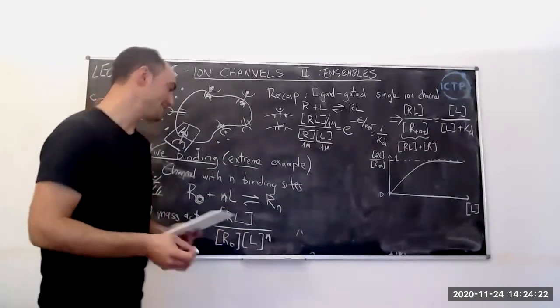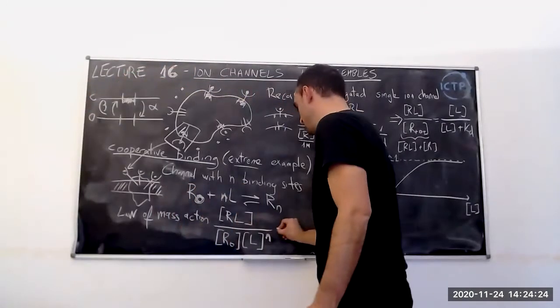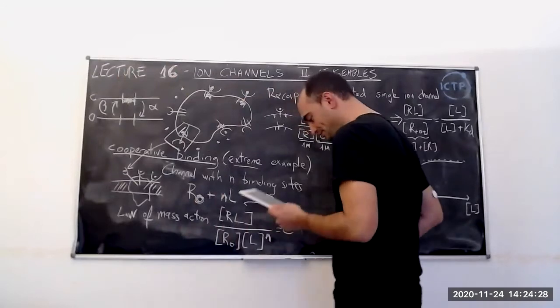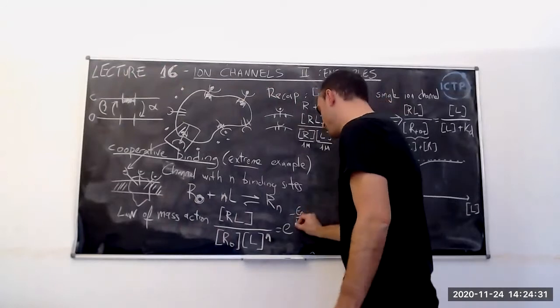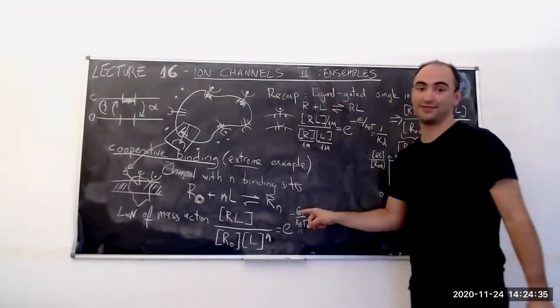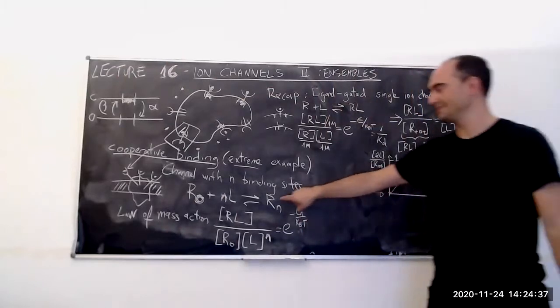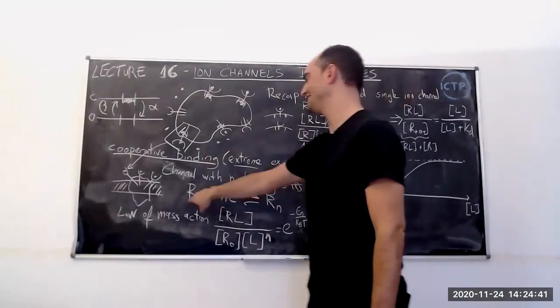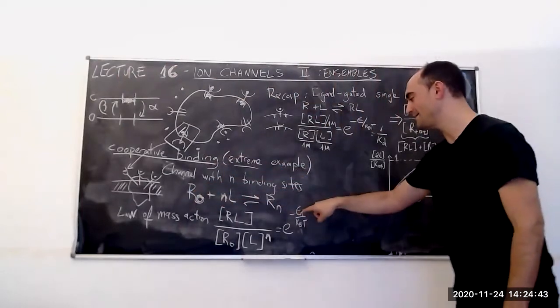This is equal to e to the minus epsilon n divided by kT. This epsilon n will be the free energy difference between this state, where all of the receptors are occupied, and this state in which all are free. This is called epsilon n.